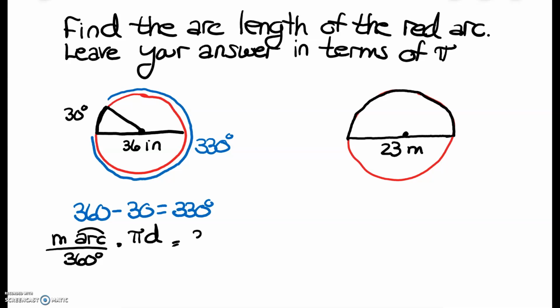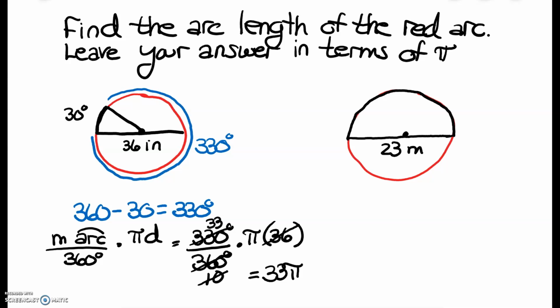So the measure of my arc was 330 degrees over 360 degrees times pi times 36, which is my diameter. Well, I'm going to go ahead and reduce. 36 goes into 360 10 times. 10 goes into 330 33 times. So my final answer is going to be 33 pi, and don't forget your dimensions, your units. It's going to be inches.